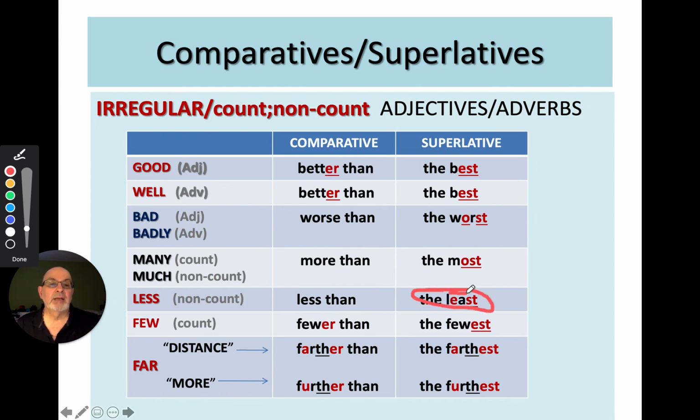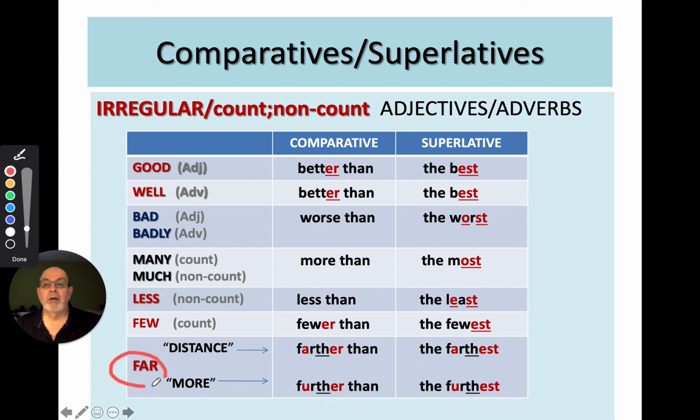So we added another vowel to make it long so you could smile, right? And here you have to smile also. Long vowel compared to short vowel here, very short. For things that we count, okay, this is special, this is irregular. Less for things that are non-count, but for things that we count, we use the word fewer, the fewest. Very important.